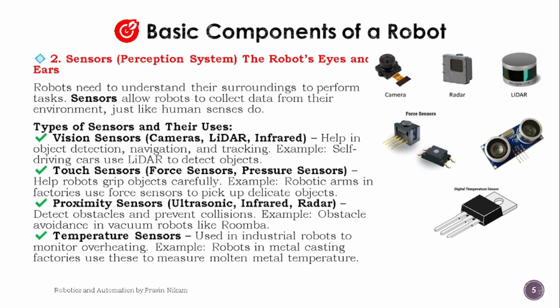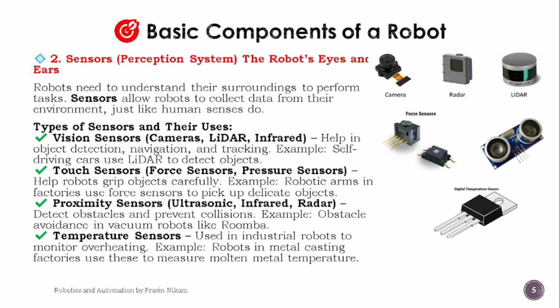Then the second type of sensor is touch sensors, that is force sensors and pressure sensors, which help robots grip objects carefully. For example, robotic arms in factories use force sensors to pick up delicate objects. Then proximity sensors, that is ultrasonic sensors, infrared sensors and radar sensors.